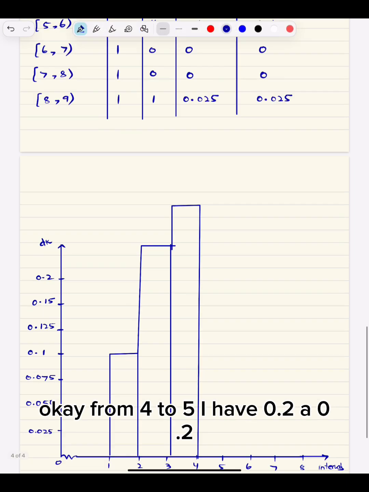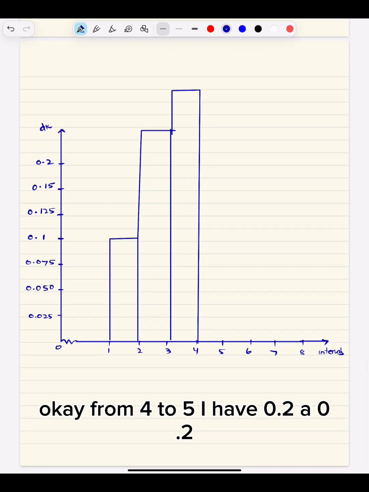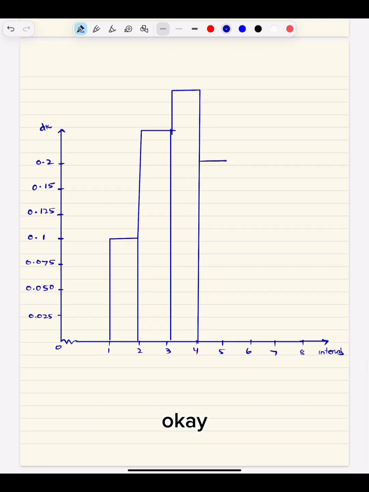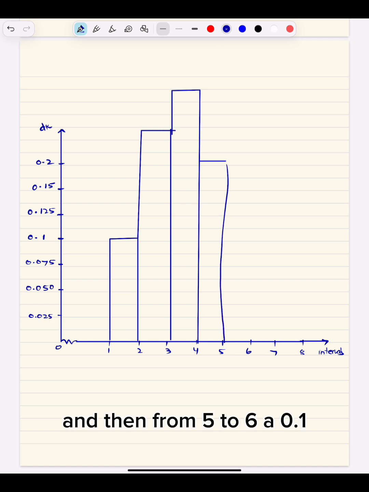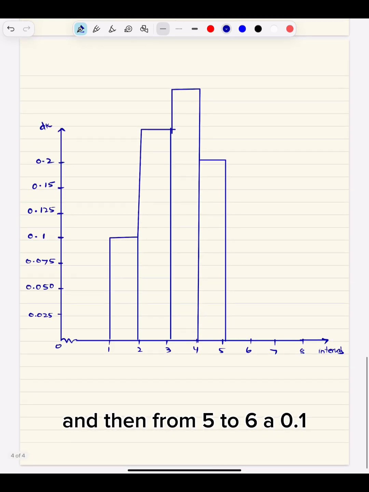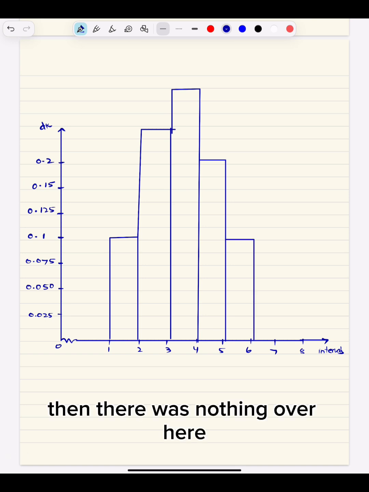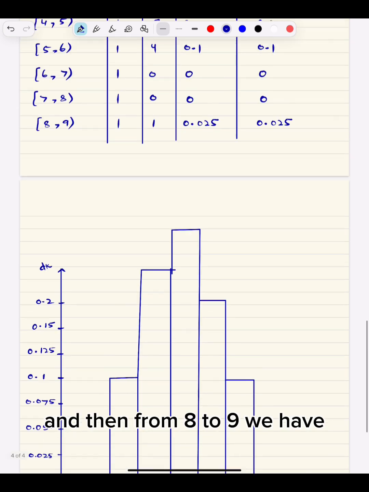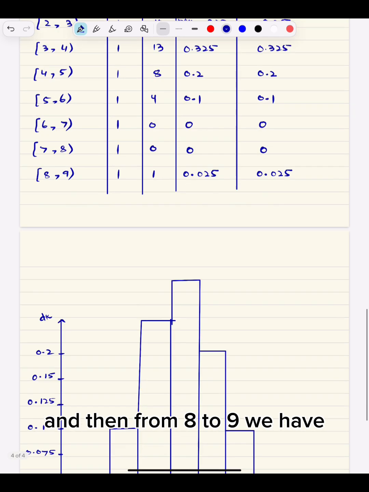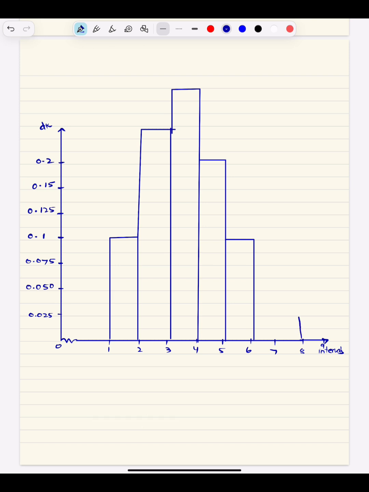Okay, from 4 to 5 I have 0.2. Okay, and then from 5 to 6 is 0.1. Then there was nothing over here, and then from 8 to 9 we had a 0.25, like this.